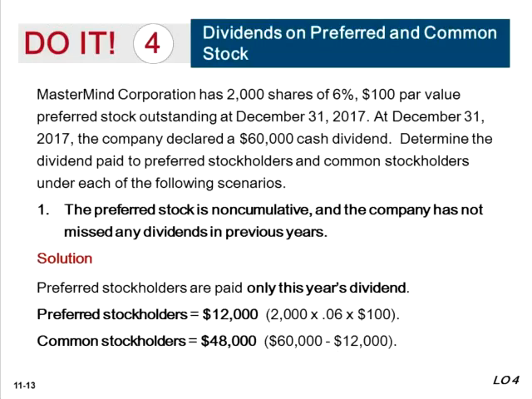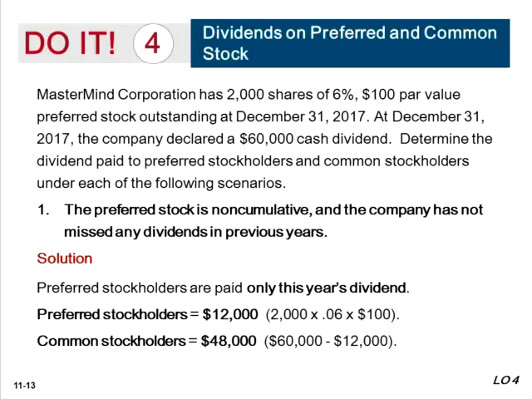So, Mastermind Corporation has 2,000 shares of 6% $100 par value preferred stock outstanding at December 31st, 2017. At December 31st, 2017, the company declared a $60,000 cash dividend. Determine the dividend paid to preferred stockholders and common stockholders under each of the following scenarios.